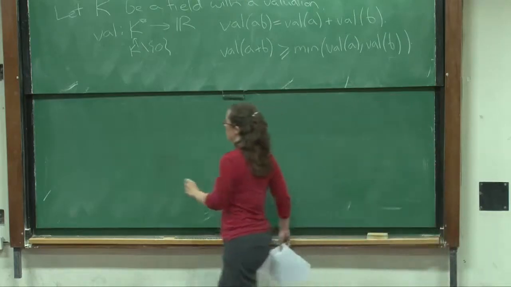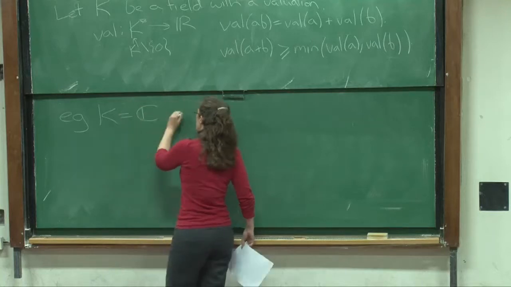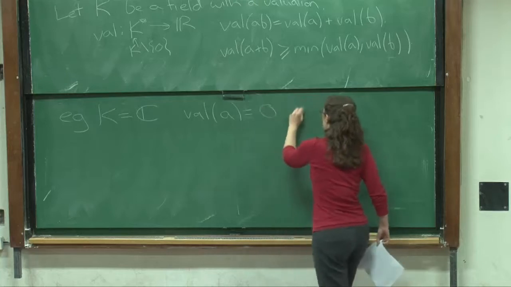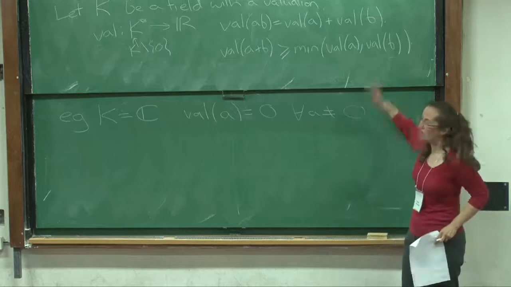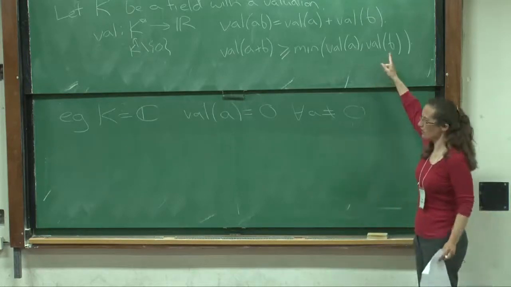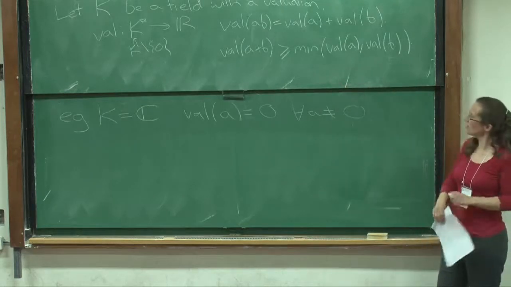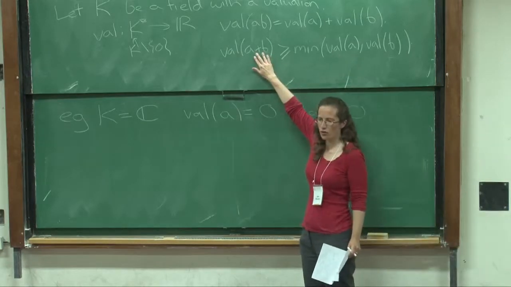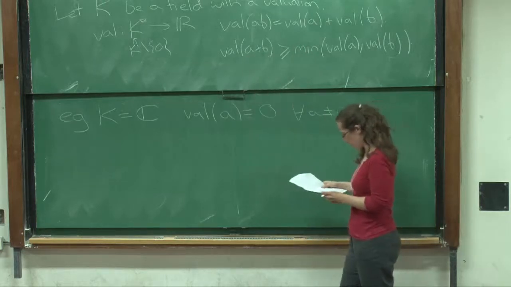So I might take K to be the complex numbers, and the valuation of A is equal to 0 for all A. Okay, so clearly this satisfies my two axioms. 0 equals 0 plus 0, and 0 is at least the minimum of 0 and 0. Okay? And if you're worried about what happens when A plus B is 0, well, we say the valuation should be infinity then, if we want it.